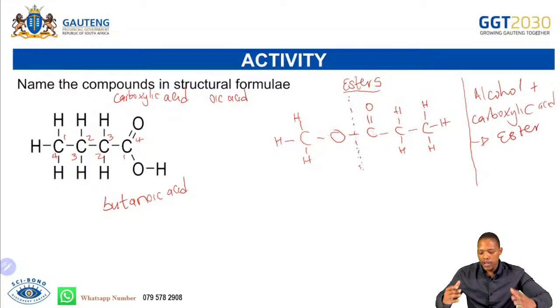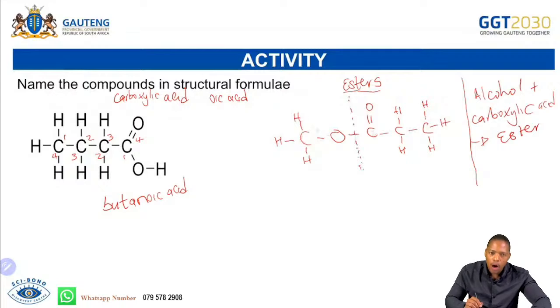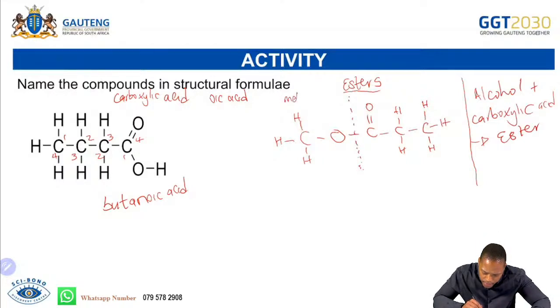So what you need to now start doing is start thinking, what alcohol was this? Or what was the name of this alcohol that was used here? Okay, so you need to think. If this is only one carbon, it is a meth.